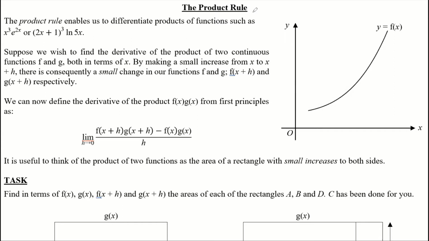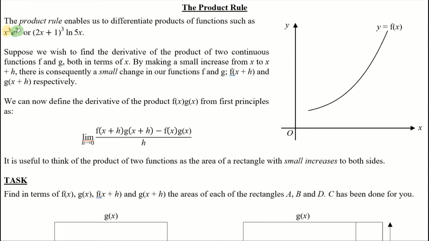So if you can see x cubed multiplied by e to the 2x, okay, there's no way of differentiating those as one single function. That just can't be done. And similarly with 2x plus 1 cubed, we have a technique for that. And natural log of 5x, we have another technique for that. It's the product of two different functions.